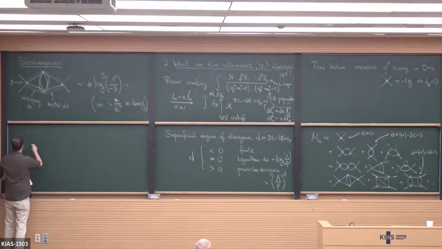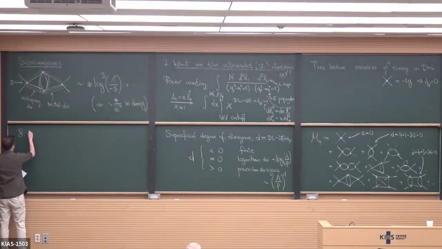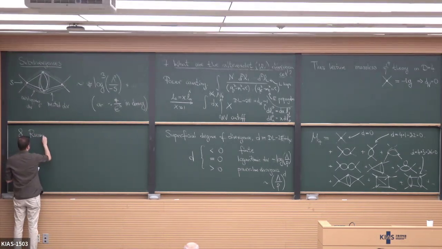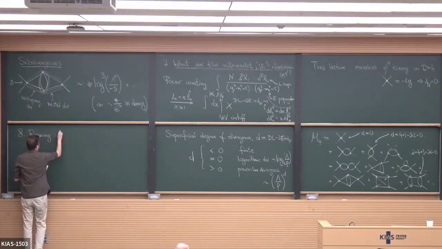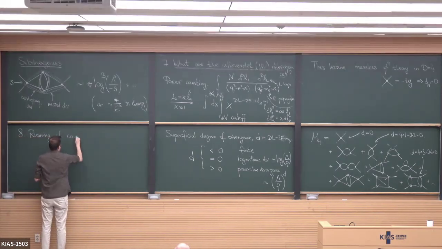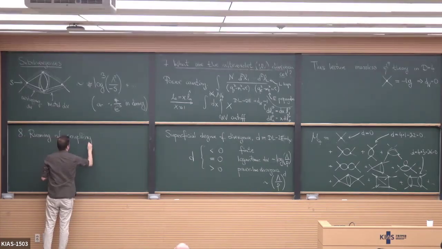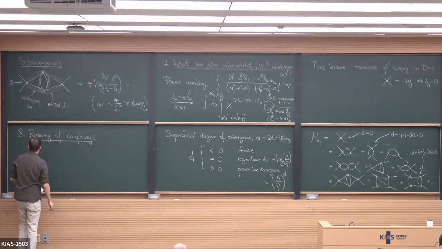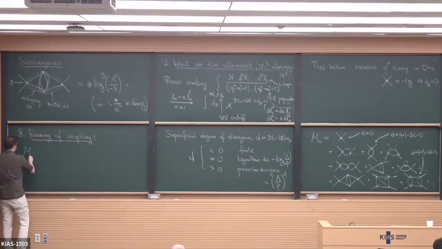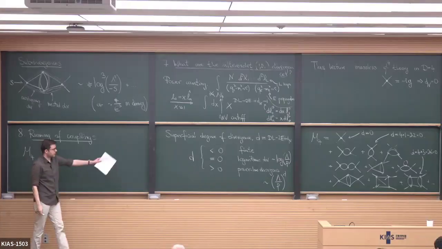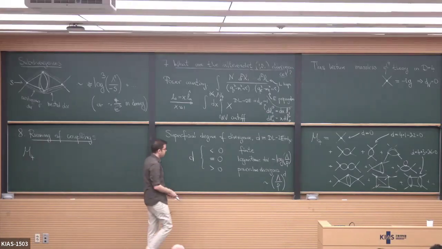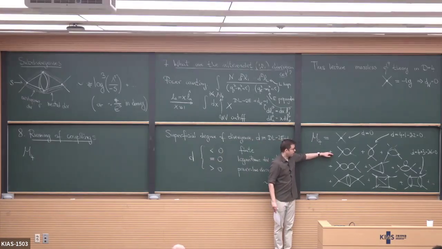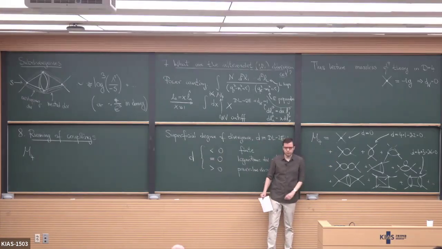Okay, so in the next topic, we're going to discuss running of couplings from the on-shell perspective. Let me say I'm going to compute the 4-particle amplitude using this expansion in here. But as soon as I go to 1 loop or higher, I'm going to have a divergence.